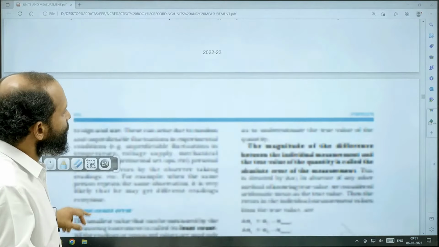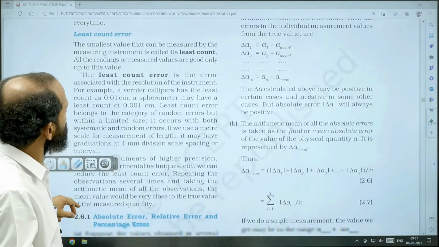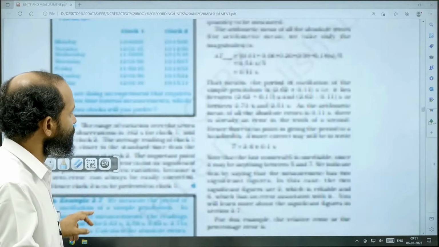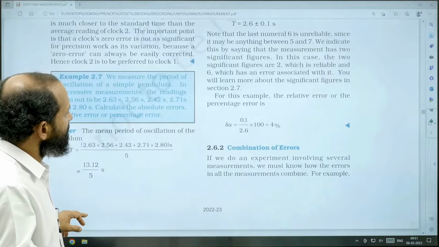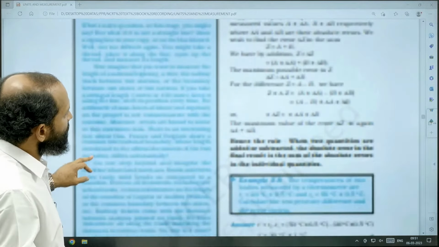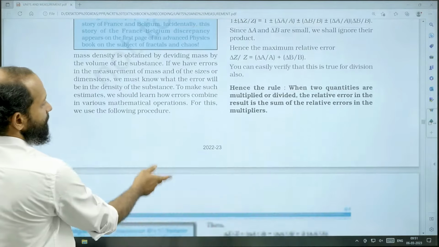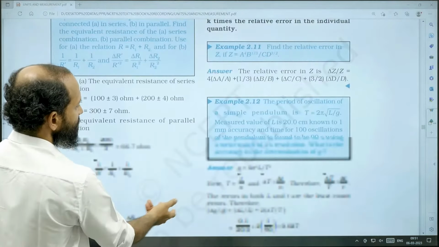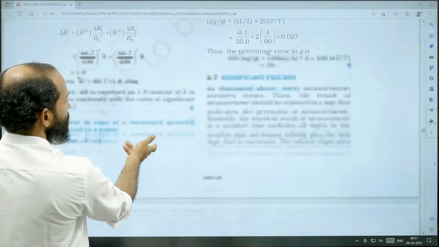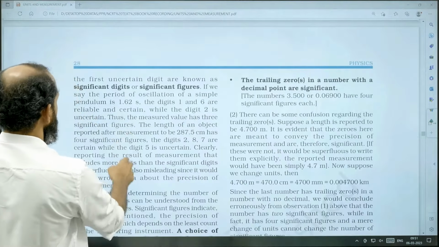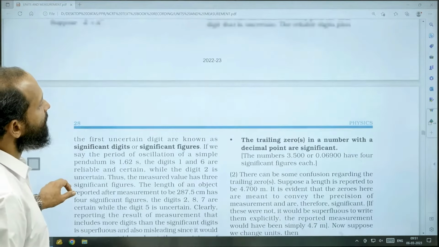Okay, now we move to another topic, which is significant figures, order of magnitude, all that. After that we will come back to these errors. Accuracy, precision, all that we have discussed so far, then we can make use of significant figures. What do you mean by significant figures?